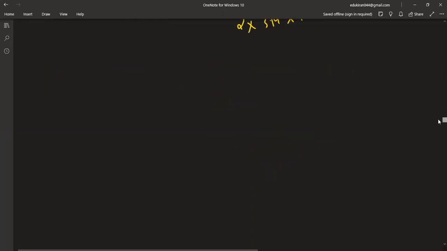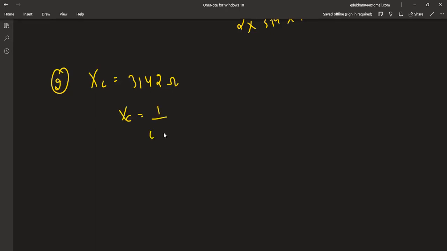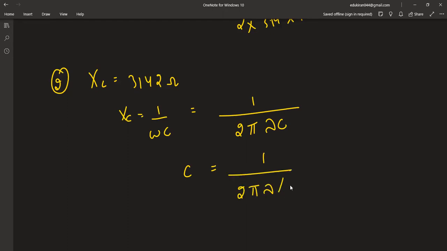Second part is saying that XC is given as 3142 ohms itself. So what is the value of XC? This is 1 by omega C, which is 1 by 2 pi nu C. All right, this is 1 by 2 pi nu C. So C will be equal to 1 by 2 pi nu XC.